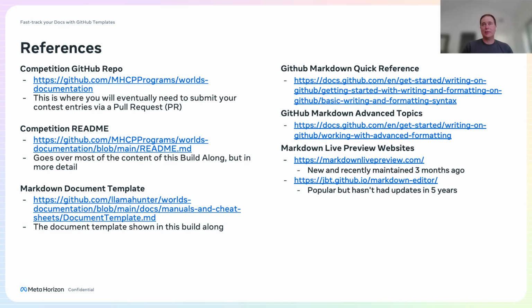And here are a bunch of references. I think some of these are already in the chat, like these two GitHub Markdown references. There are also some websites out there that can do GitHub Markdown preview, like this one, Markdown preview.